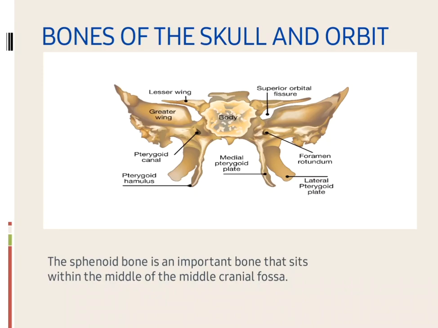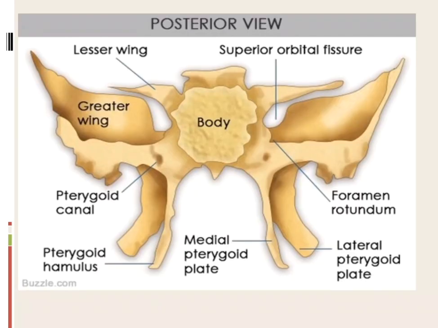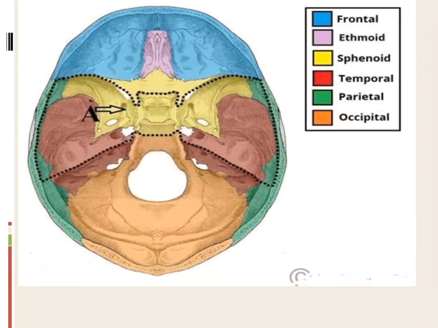So this will be very important in our discussion of orbital osteology. Posteriorly, if we take a good look, we have the superior orbital fissure, and we also have the foramen.